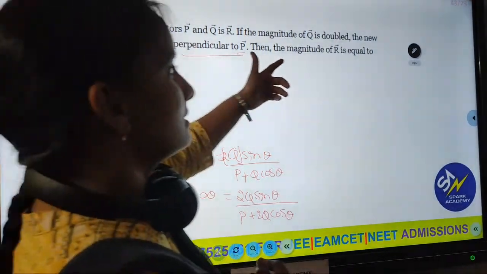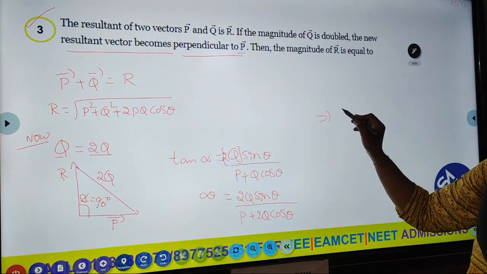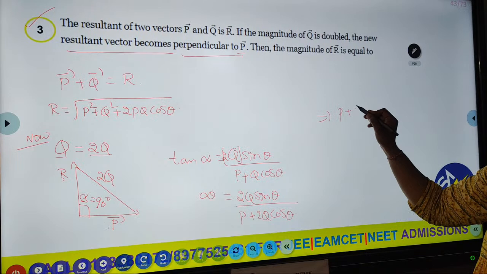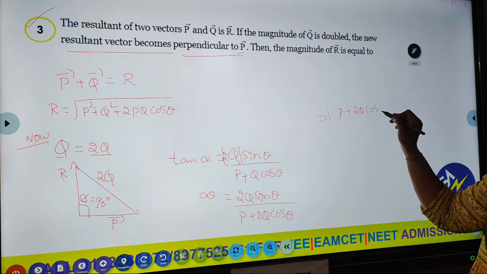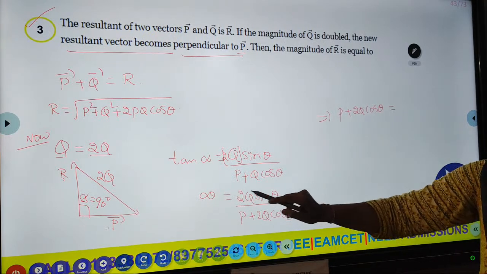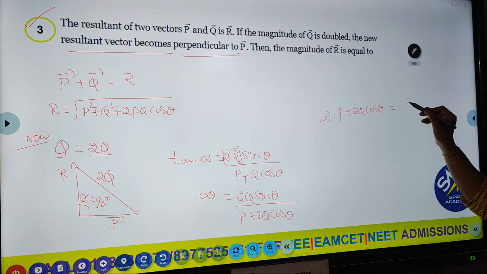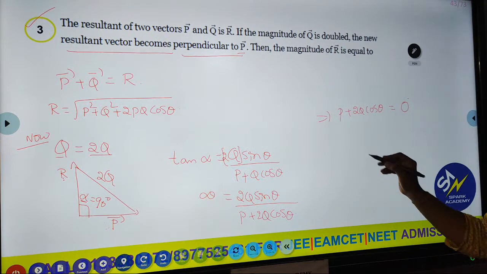We need to find the magnitude of the resultant. For that, P plus 2Q cos theta will be equal to 2Q sin theta by infinite. Something by infinite value is 0.